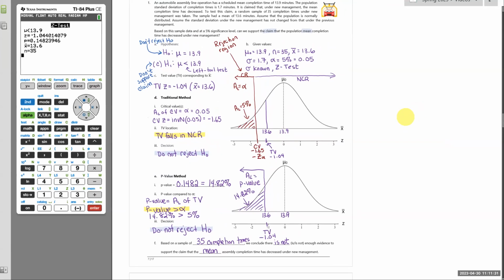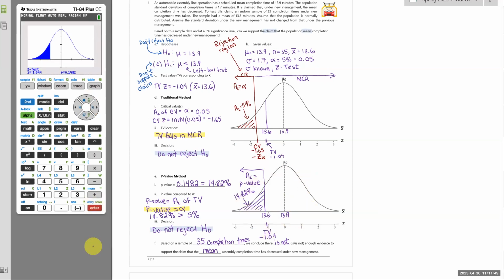And I am just going to show you on the calculator here. I'm going to go back to my test, my z-test. And the calculator will draw the p-value method picture. So it's shading the p-value. So that's what you're seeing there.